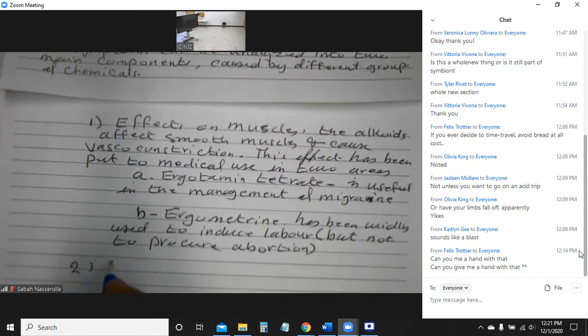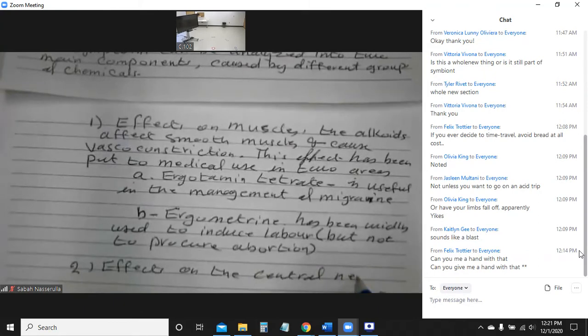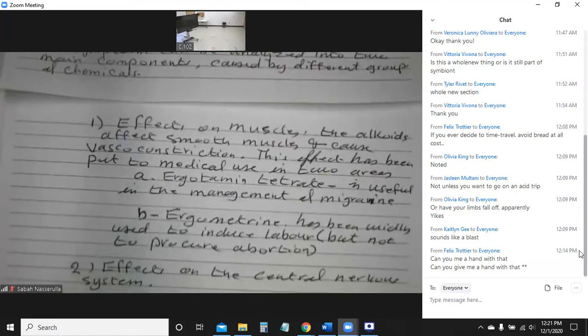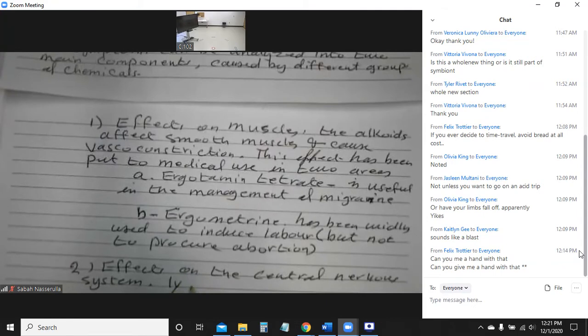Now, the effects on the central nervous system are basically known as the lysergic acid amides, which is already mentioned here.